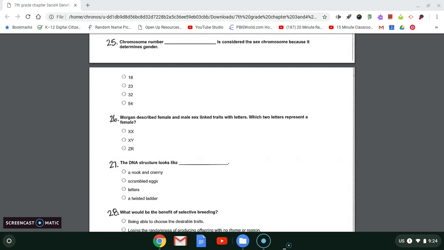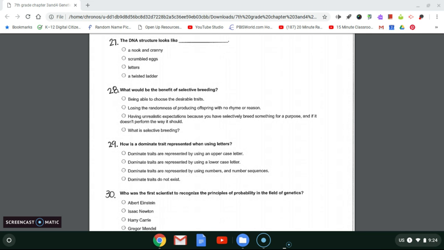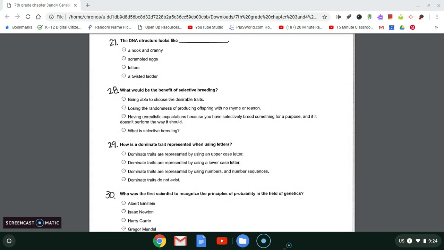Number 26. Morgan described female and male sex-linked traits with letters. Which two letters represent a female? XX, XY, or ZR? Number 27. The DNA structure looks like a nook and cranny, scrambled eggs, letters, or a twisted ladder.